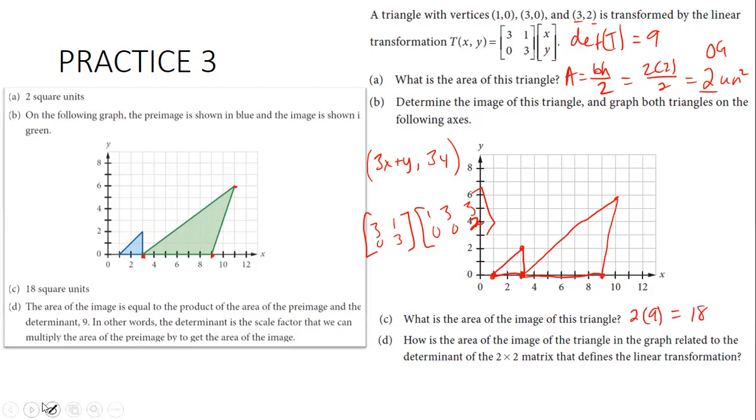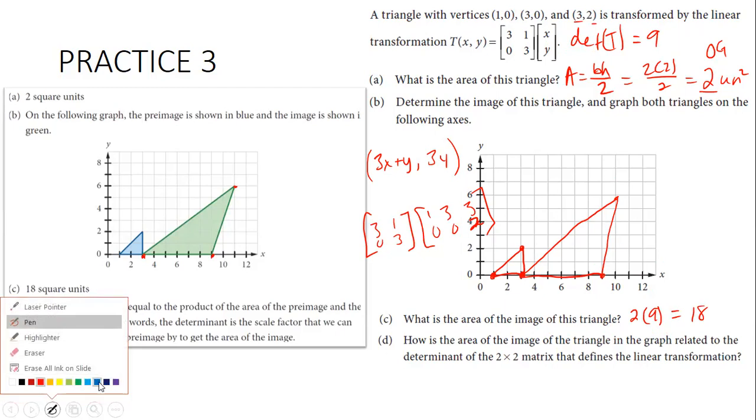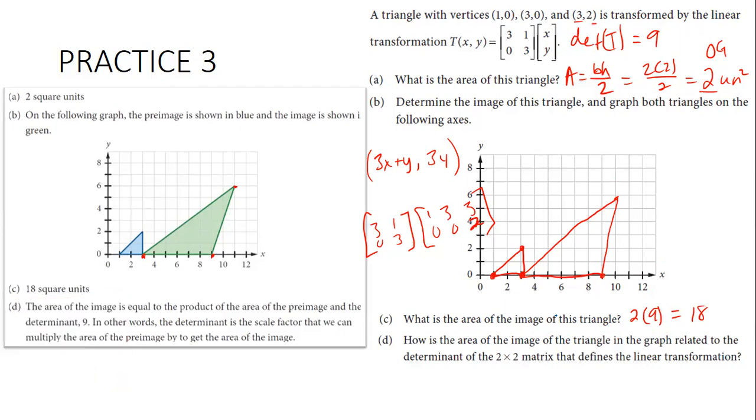Okay, you can geometrically check this by finding the area using base times height divided by 2. So when we look here, this is our base, correct? Our base is 1, 2, 3, 4, 5, 6. This is our height. Your height is what's perpendicular to your base. So your height is actually 1, 2, 3, 4, 5, 6 as well.